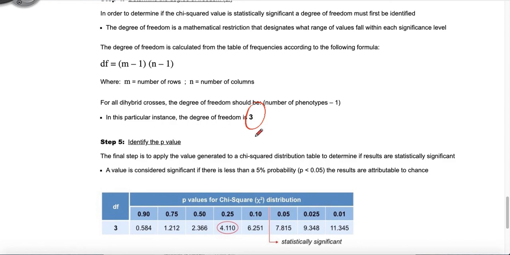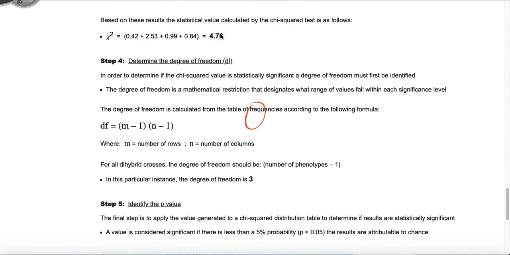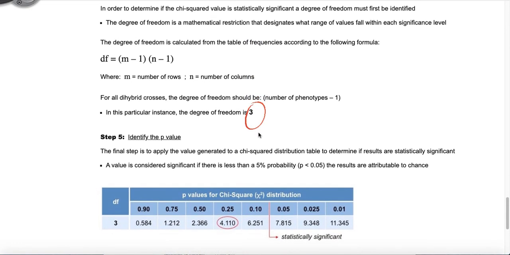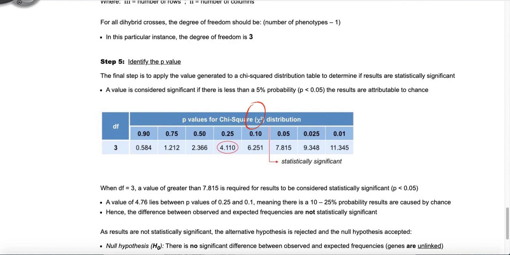So after you have your chi-square value, which we just calculated up here, 4.76, and now you have your degrees of freedom, which is 3, now you can identify the p-value based on this distribution table. And this distribution table is given to you. Okay? So a value is considered significant if there is less than 5% probability, or p is less than 0.05, that the results are attributable to chance.